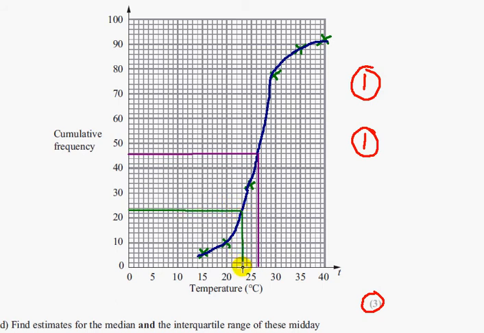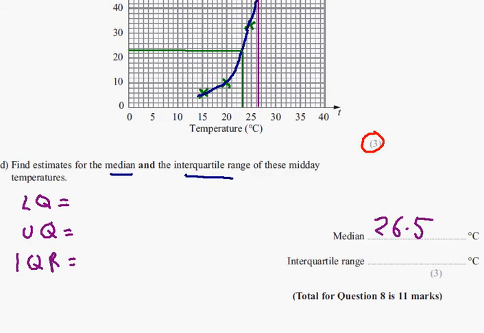Very tricky to do. Oops, let's do that one again. Okay, so I estimate the lower quartile to be 23, so I'll just write that in. So 23, and let's have a look at the upper quartile.